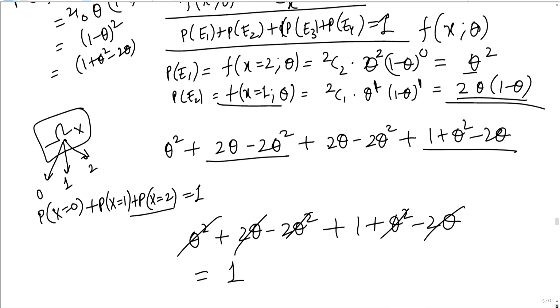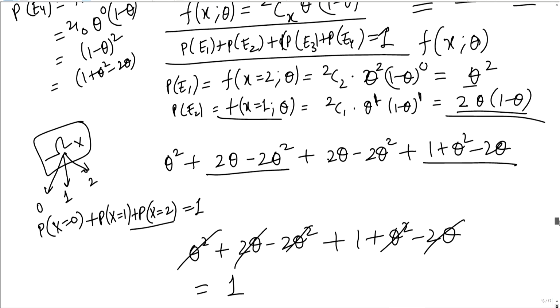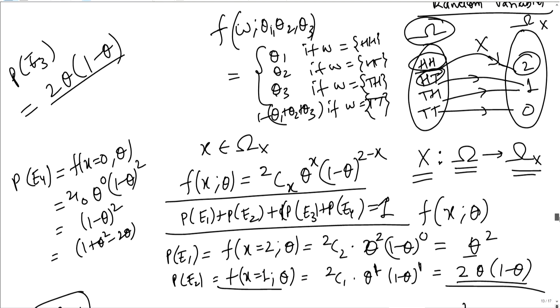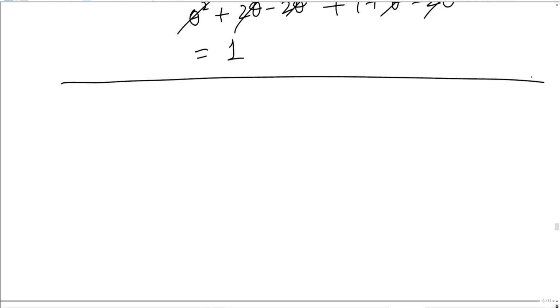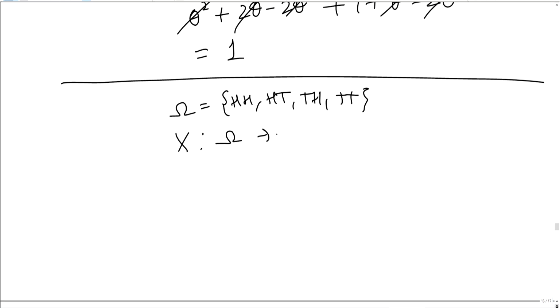So, what we did here was that we defined, so let us just revisit. This was our original sample space, and we defined a random variable x, which is a function which maps omega to omega x in such a way that omega x would have these values now: 2, 1, 0.